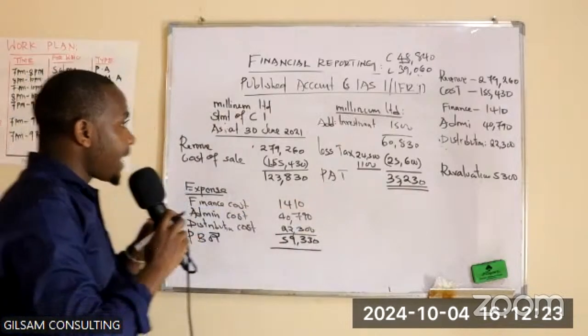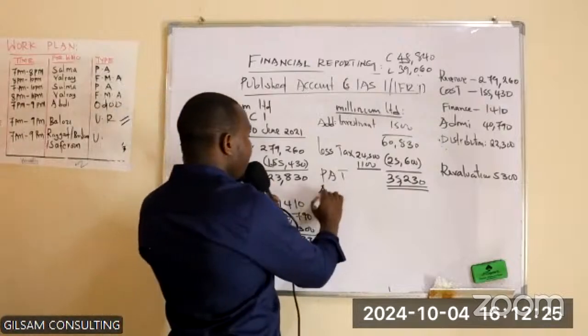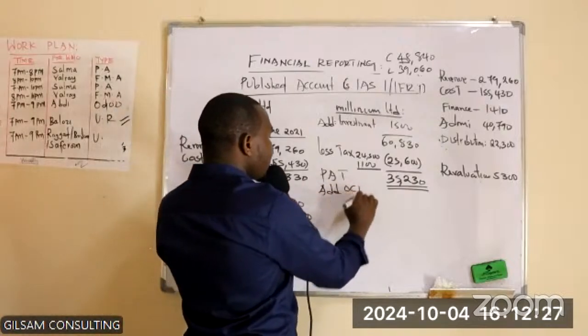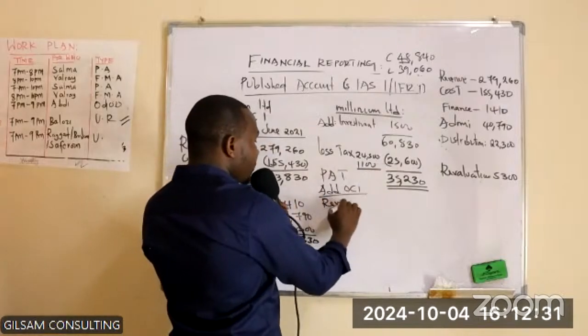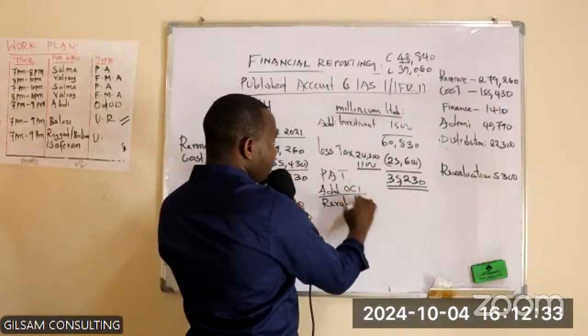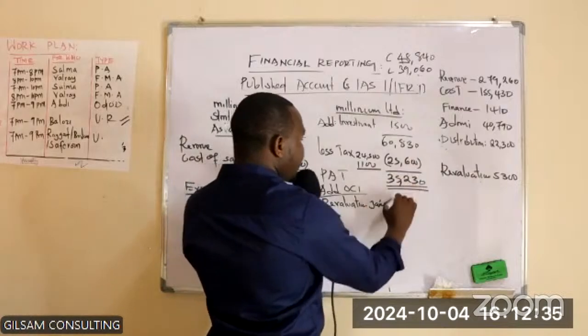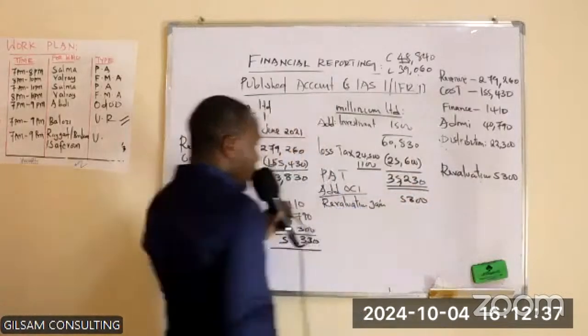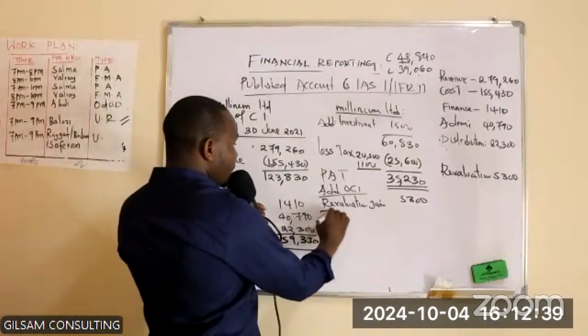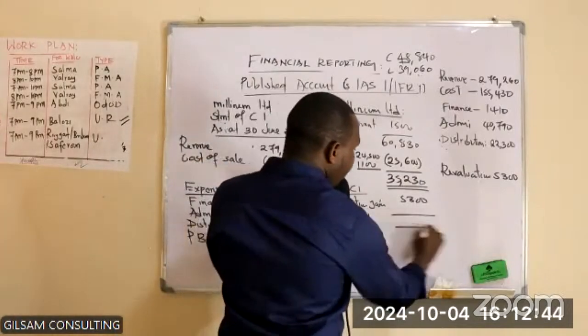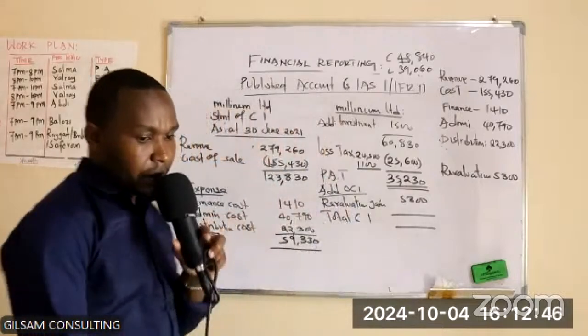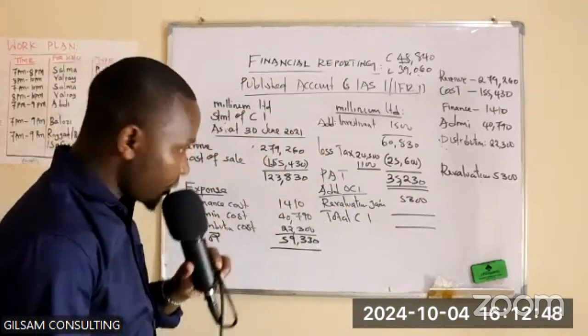And now we can add other comprehensive income, OCI, which we have the revaluation gain of 5,300, so that you can get our total comprehensive income. Our total comprehensive income of how much, my good learners?